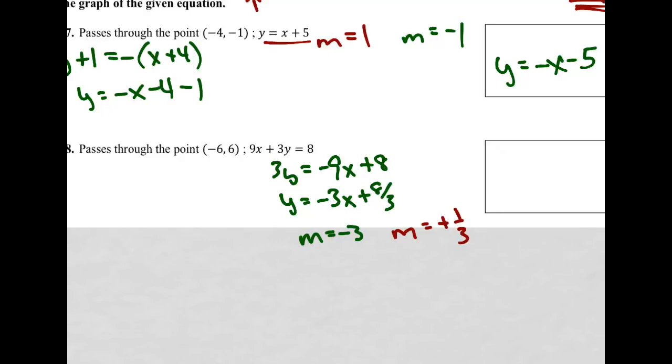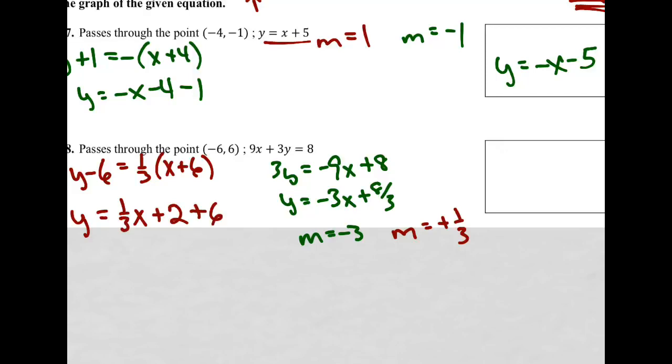Okay, so we go y minus y equals slope x minus x. Okay, so we've got 1/3 x. What's that going to be? Plus 2, and then we've got to add 6 to both sides. So y equals 1/3 x plus 8.